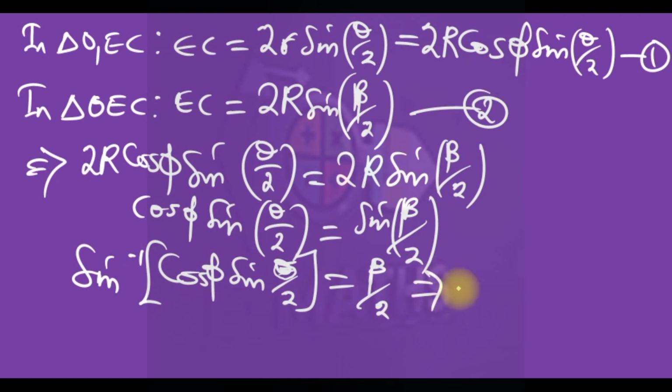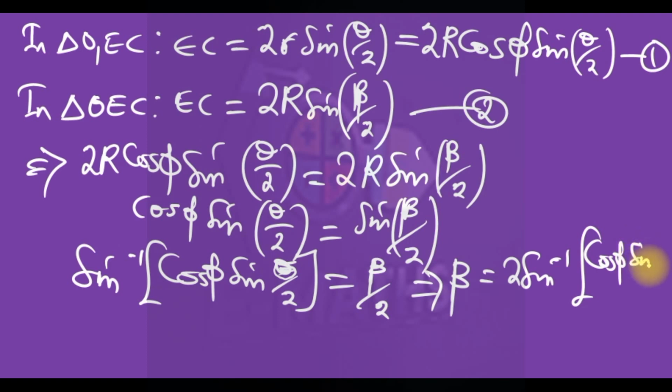Which implies that beta is now 2 arc sine of cos phi sine theta over 2.